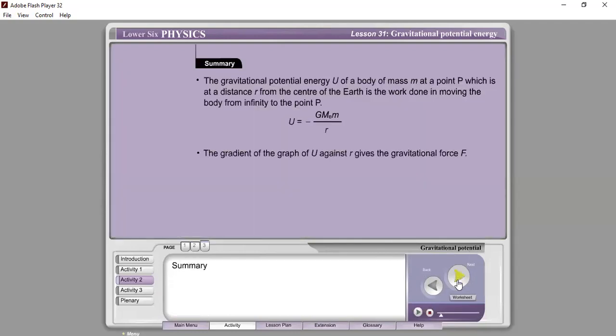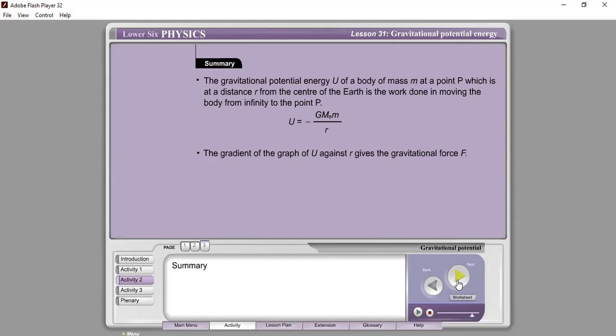Summary. The gravitational potential energy U of a body of mass m at a point P, which is at a distance r from the center of the Earth, is the work done in moving the body from infinity to the point P. Gravitational potential energy U equals negative G M m over r.